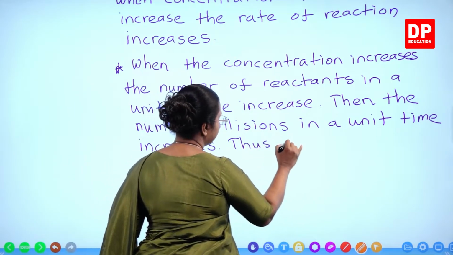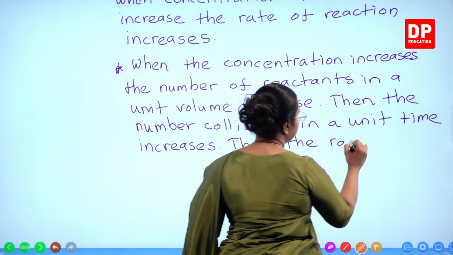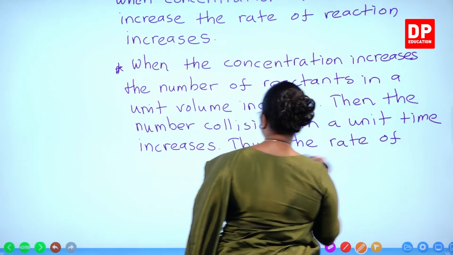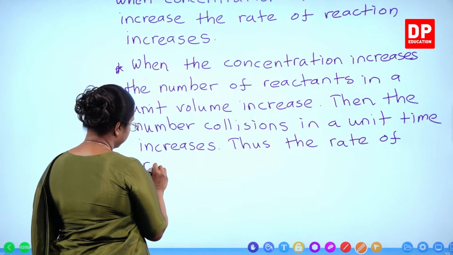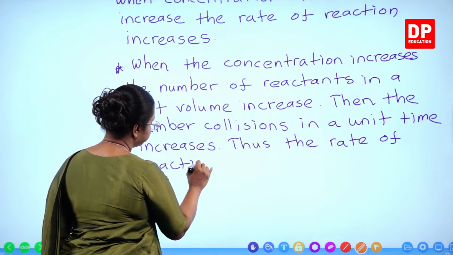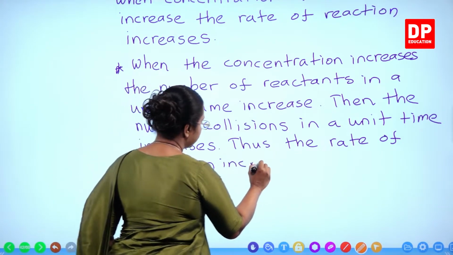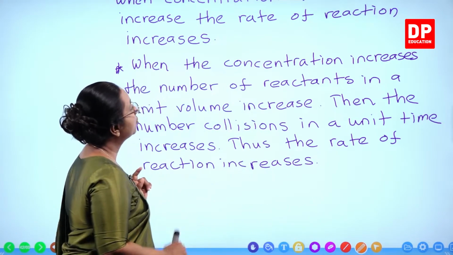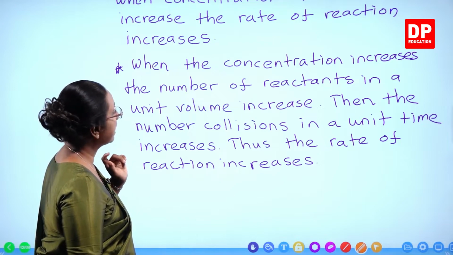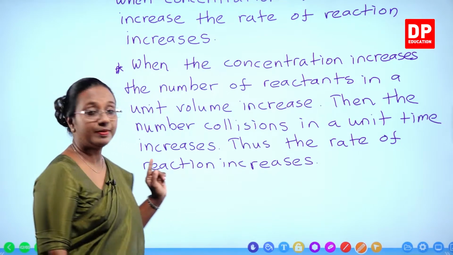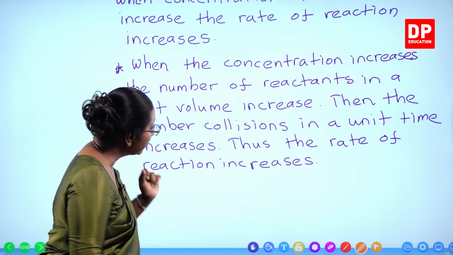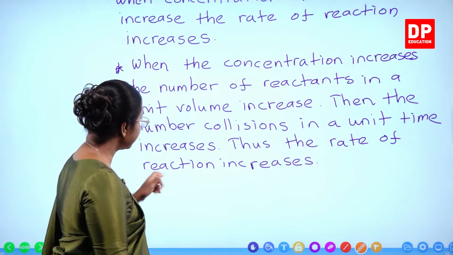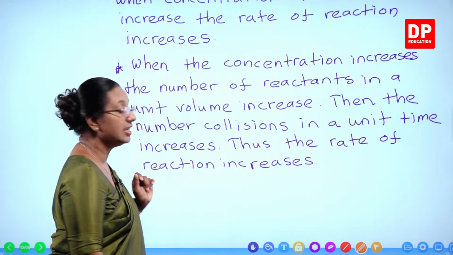Thus, the rate of reaction increases. So when the concentration increases, the number of reactants in a unit volume increase, then the number of collisions in a unit time increases, thus the rate of reaction increases.